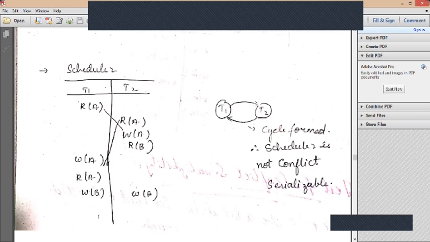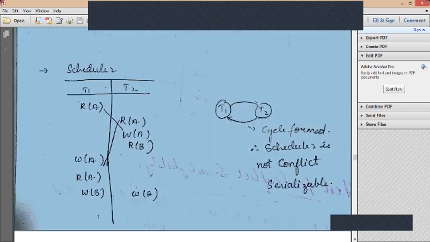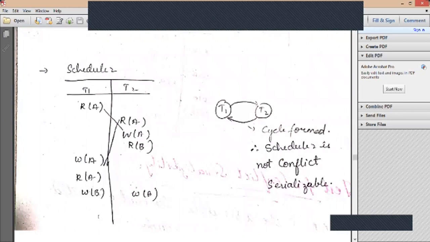Now what this means is, whenever it is not conflict serializable, basically it means that a particular schedule is not in serial order, or it is not satisfying serializability.